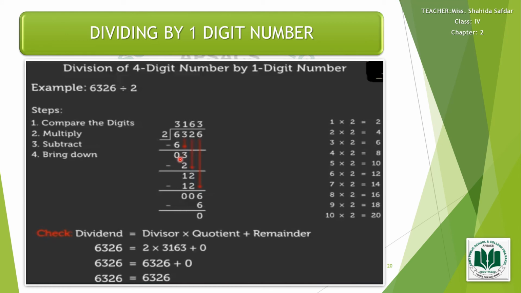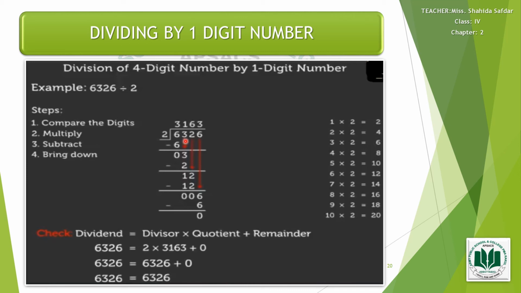So we write 2 under the 3 in the hundred place and 1 above the 3 in the quotient. Now we subtract 2 from 3. The remainder is 1, which we write in the hundred column.